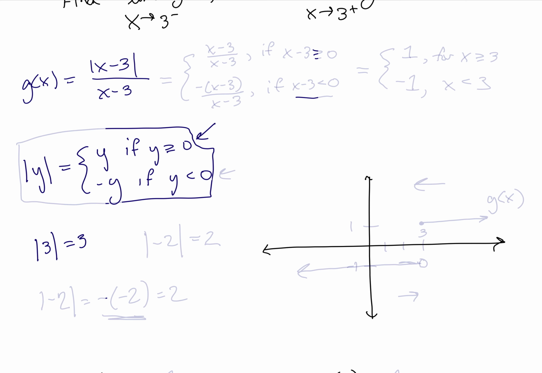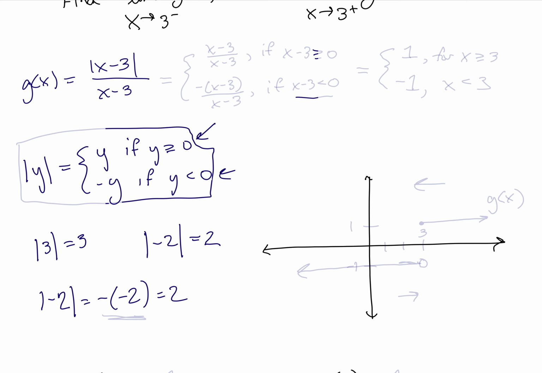Whereas if we think about the absolute value of -2, you remove the negative sign, it's the positive version of it, so the absolute value of -2 is equal to +2.